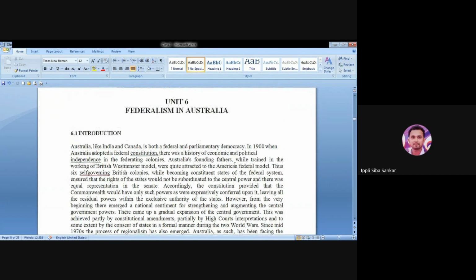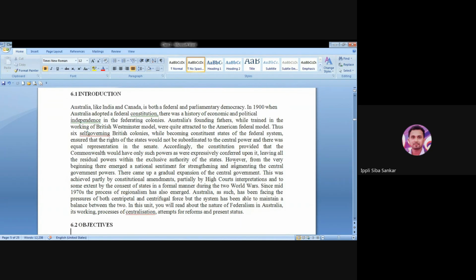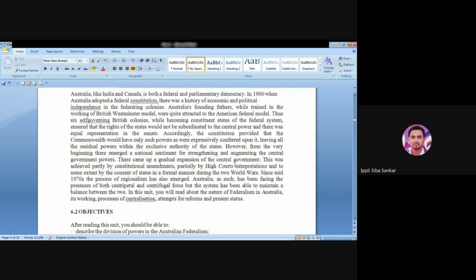Now we'll discuss federalism in Australia. Australia, like India and Canada, is both a federal and parliamentary democracy. In 1900, when Australia adopted the federal constitution, it had a history of economic and political independence in the federating colonies.